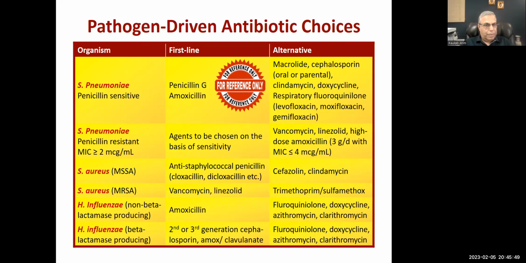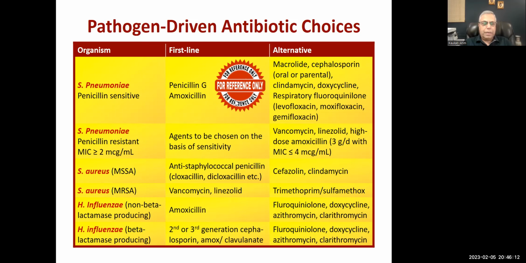So for this specific drug, even a concentration higher than or equal to 2 microgram is not sufficient. Otherwise we have seen that 2 microgram of MIC is pretty good, but in this case, no. Okay. So agents are to be chosen on the basis of sensitivity.